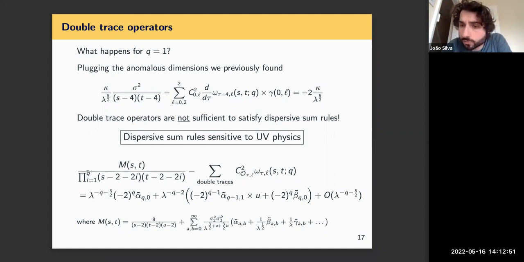Q was this parameter that we introduced. And then the next one will come at order lambda to the power minus q minus 2, etc. And then there are some coefficients, these alphas and betas, which are defined by this formula that you see below. So yeah, we can package this information in this way.